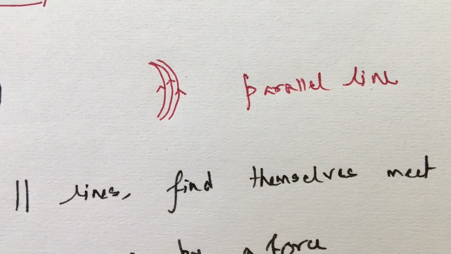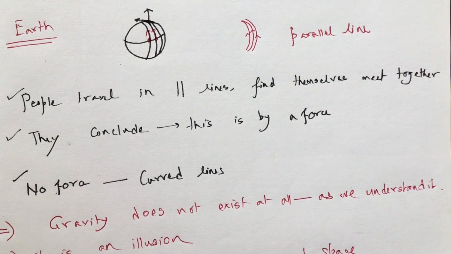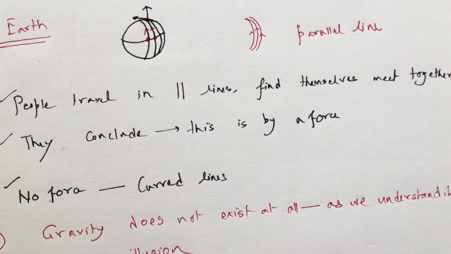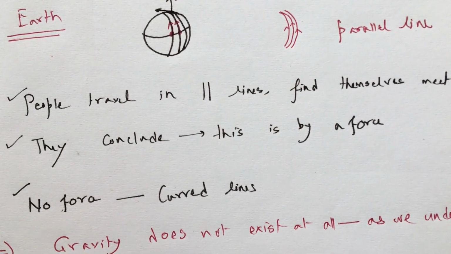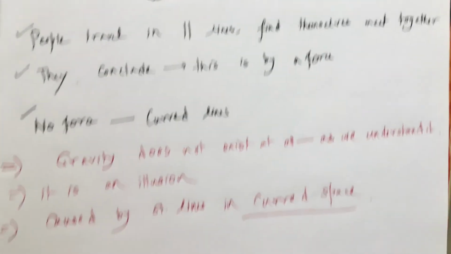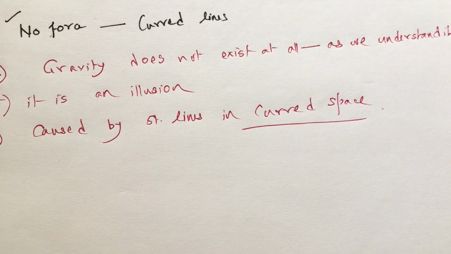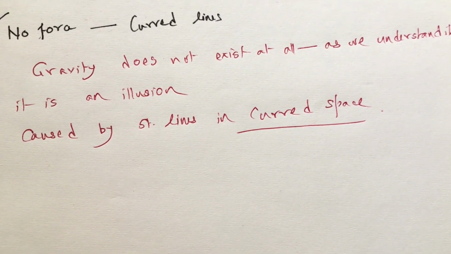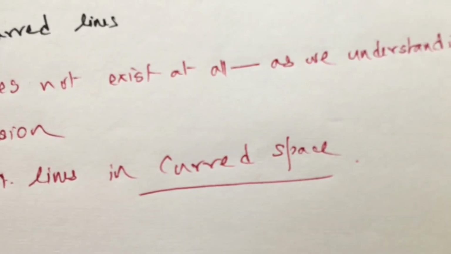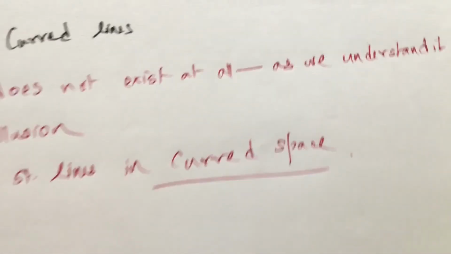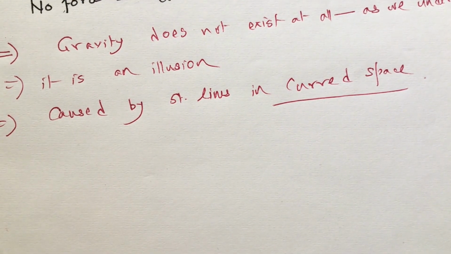That is because of the curved lines. They are actually moving along parallel lines, and then they find that they meet together. And why do they meet? Because of the curved lines. So gravity does not exist at all. Einstein's general theory of relativity makes us think like this, that gravity does not exist at all as we understand it. It is just an illusion, and it is because of straight lines in curved space.